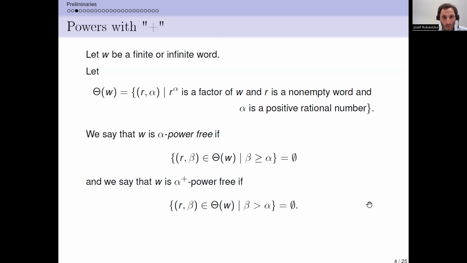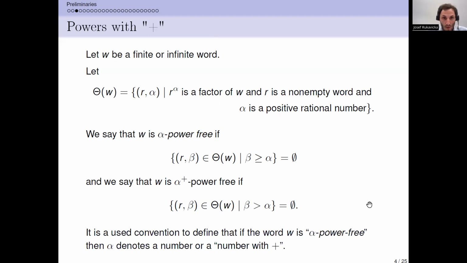So we defined alpha power, and now we defined alpha-power-free words. As I said, pay attention, because in some papers, if it is stated alpha-power-free, sometimes it means also alpha-plus-power-free. So take care about what it exactly says.